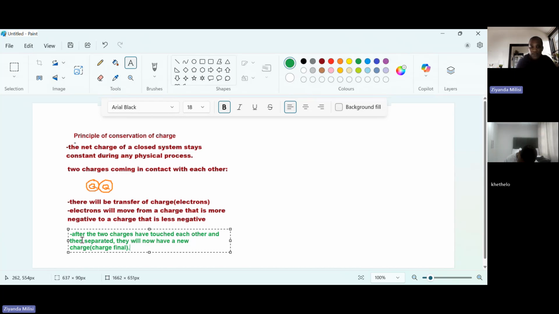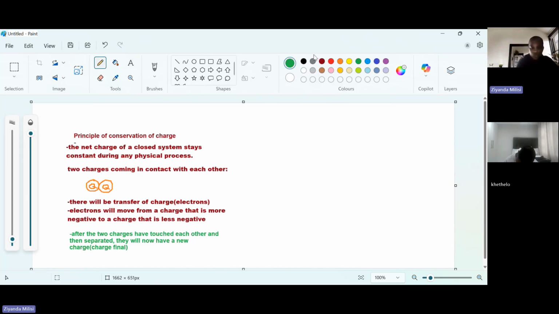Now, after they've touched, they are separated. Now they have a new charge. The symbol that is used for this charge, final or new charge, we use Q new for new charge.